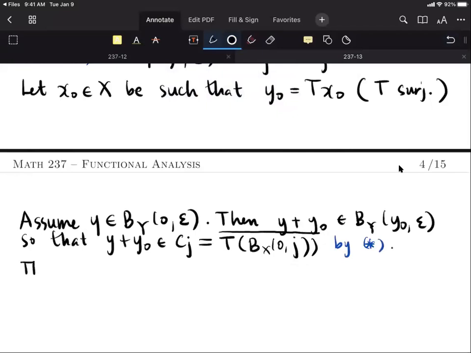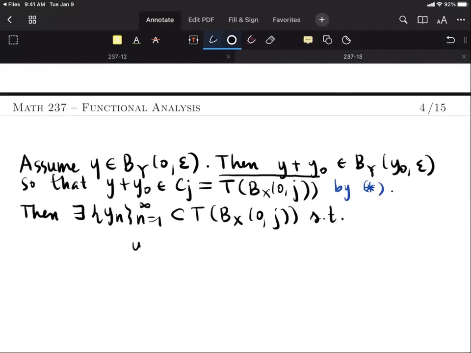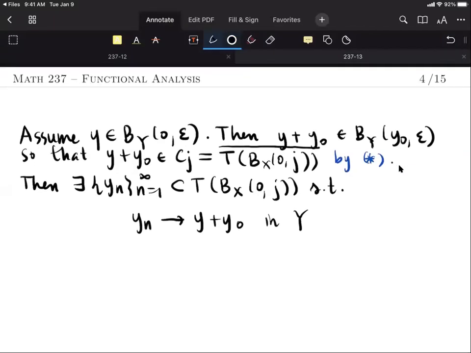Then there exists a sequence, let's say y_n, n from 1 to infinity, in this image set in such a way that y_n tends to y plus y naught in the topology of Y, of course, as n tends to infinity.